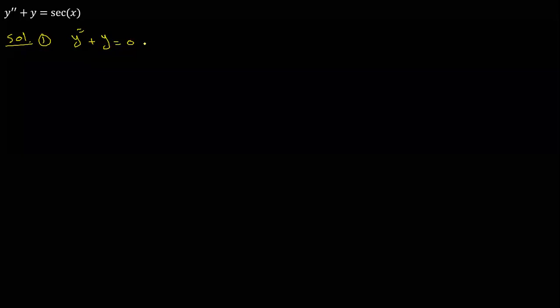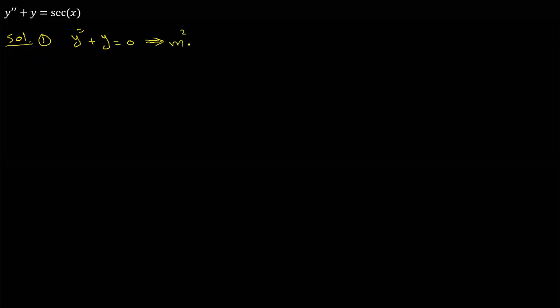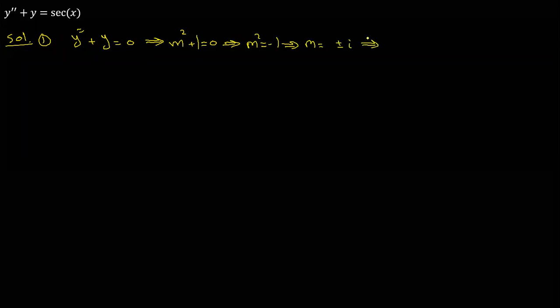Yes, you are right, I'm going to use the auxiliary technique. So m squared plus 1 equals 0. Continue, Ahmed. M equals positive or negative i. Yes, you are right. So m squared equals negative 1, and that will give me m equals positive and negative i. Great. Do you remember at that time your y1 and y2?